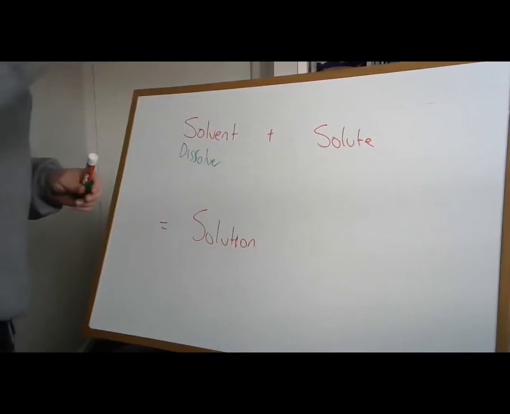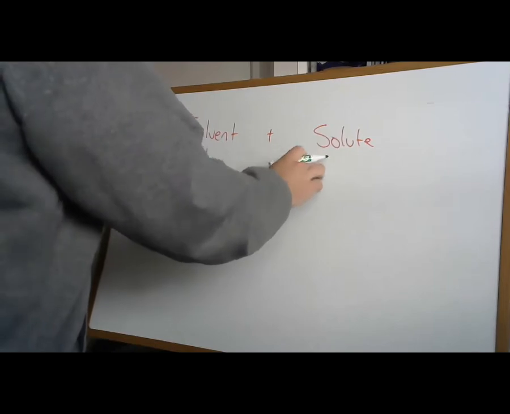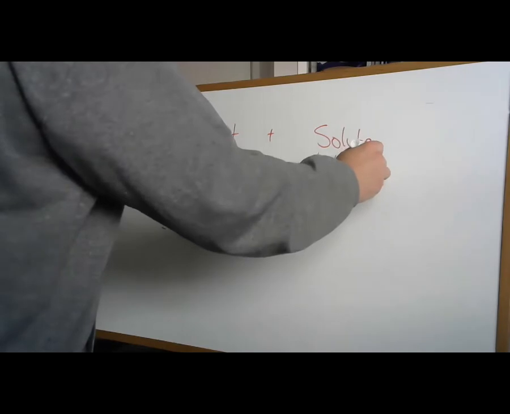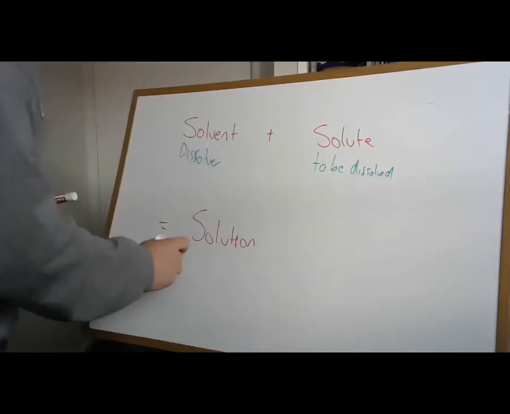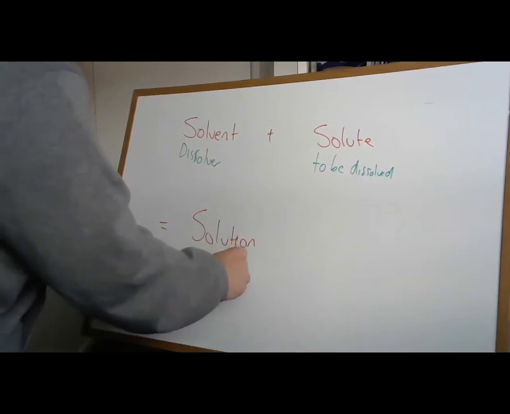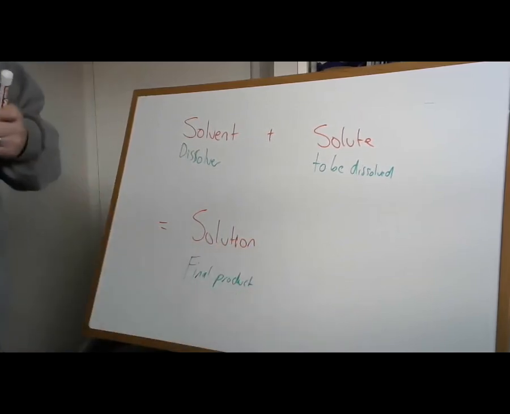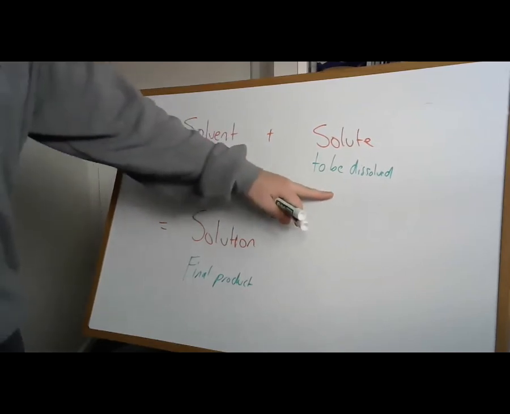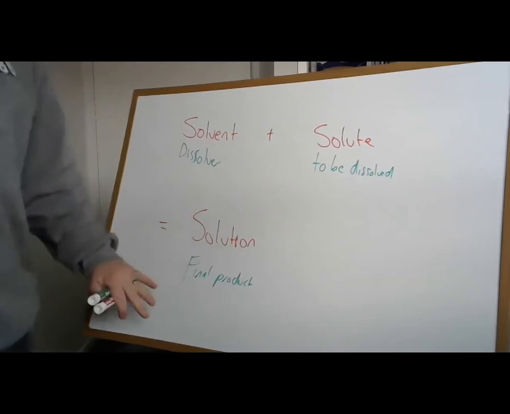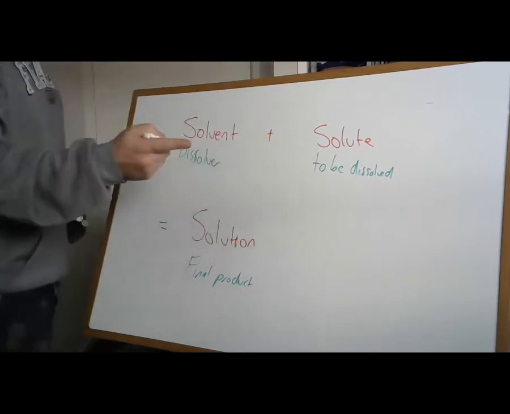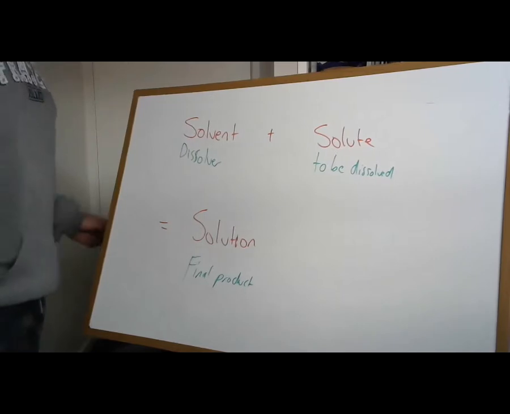The solute is what you're wanting to dissolve. And the solution is the final product. So the solute dissolves into the solvent to produce the solution. So salt, water, salty water.